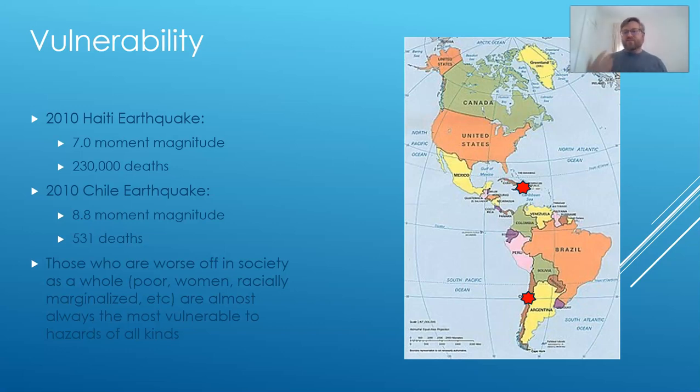They weren't able to build their homes in ways that resisted earthquakes and that were up to modern building codes and engineering standards to the same degree that people in Chile were. They weren't able to mobilize rescue operations to pull people out of the rubble the way that they were in Chile. So the poverty experienced in Haiti led a smaller earthquake to become a much bigger disaster when it struck.